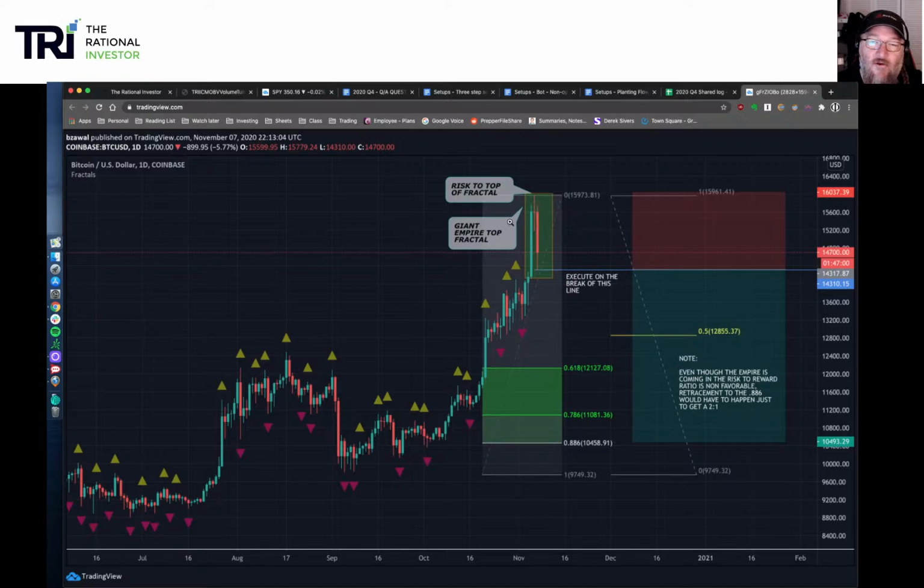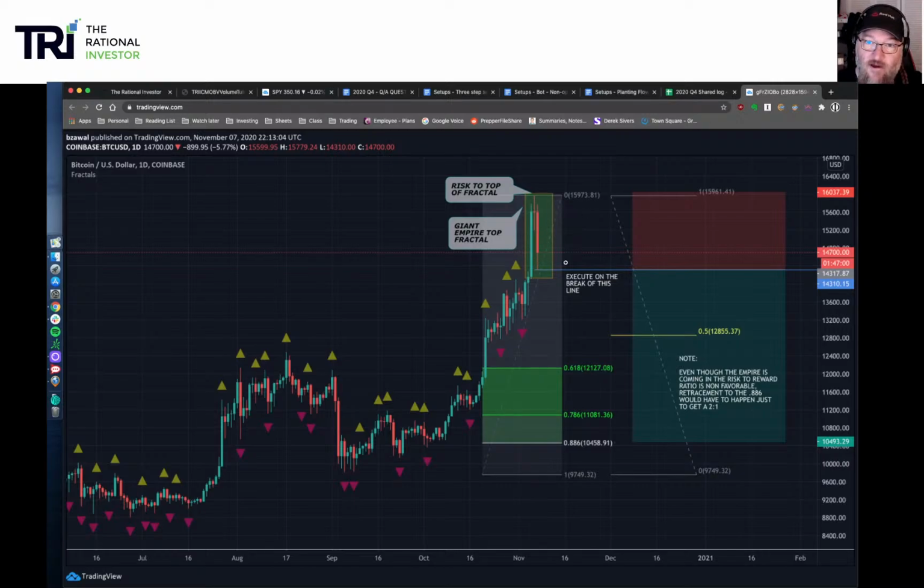So very often when it comes to market structure, and this includes candlesticks, if I have an empire like this, I will set a bid if price moves beyond here. So that's my positive signal. If price moves downwards beyond here, and then I look to retrace up, I will set a bid, so a sell order, at this candle body open of the candle that created the market structure.